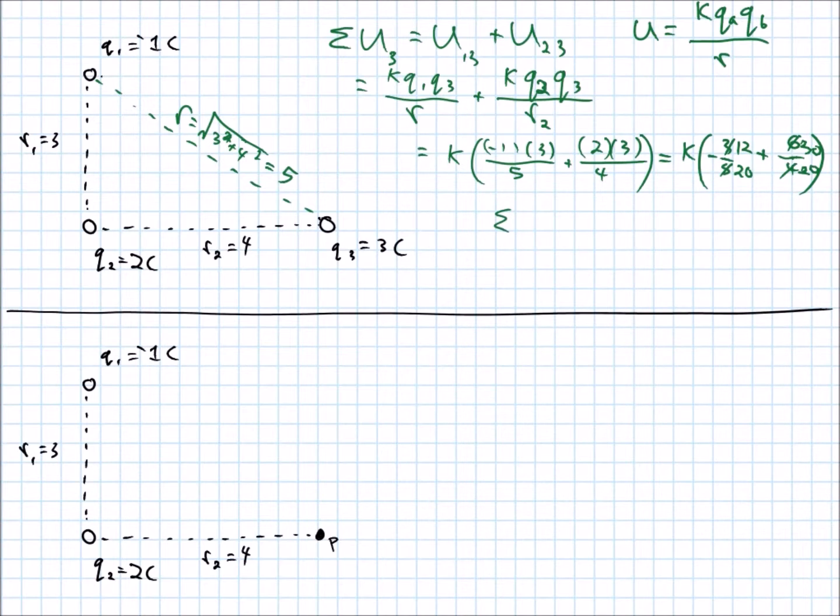Of course I should be writing units here, but since it's an energy, I know that in the end it's going to be in joules. So this is 30/20 plus -12/20, which makes +18/20 of K in joules.